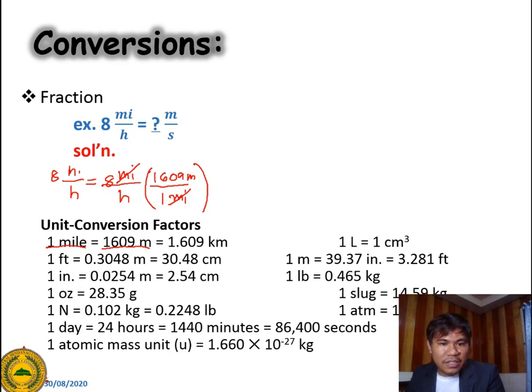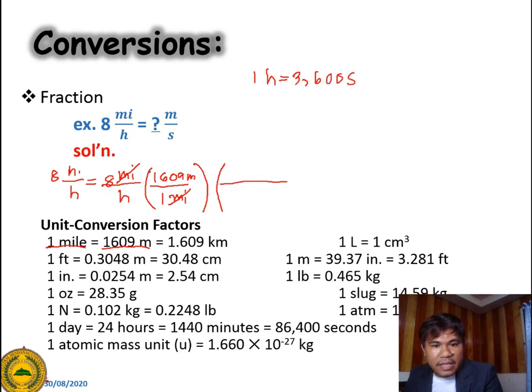Notice that hours is actually at the denominator, so we multiply simultaneously the conversion factor relating hours into seconds. So in this case, we have 1 hour is equal to 3,600 seconds.